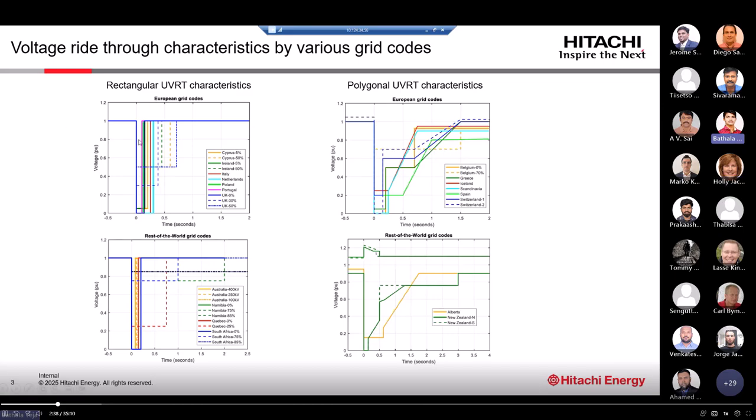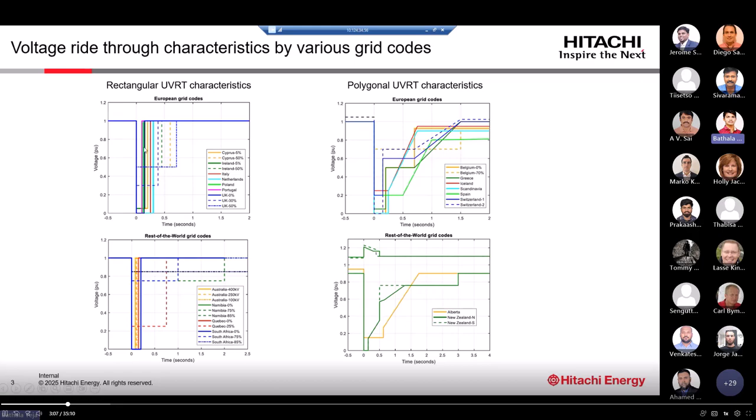These are examples of rectangular UVRT characteristics, and these are polygonal UVRT characteristics. It depends on the country: based upon their system, they design the UVRT characteristic, where they allow the voltage dip for a set amount of time, and the unit has to trip if the voltage dip continues for more than this time.